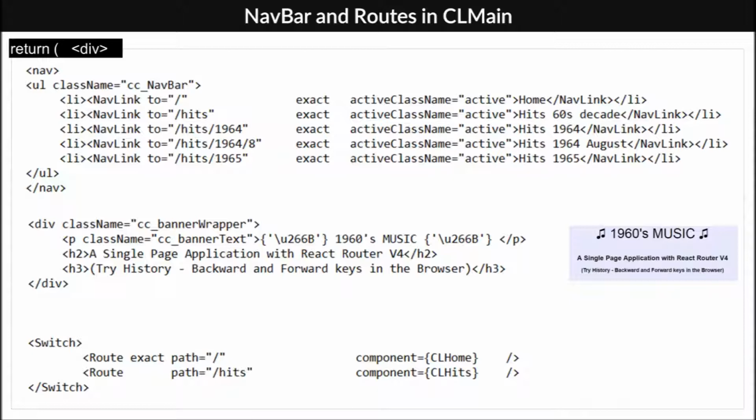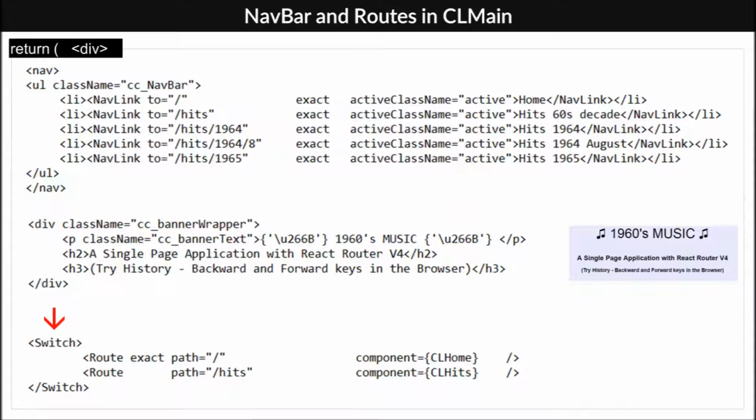And the CL main was the top level component. What else is in that return of the top level? Besides the navigation bar, immediately below it is some HTML that outputs that nice little blue block with the music symbols, 1960s music, and so on. So you've got an example there of how to render a Unicode character in React.